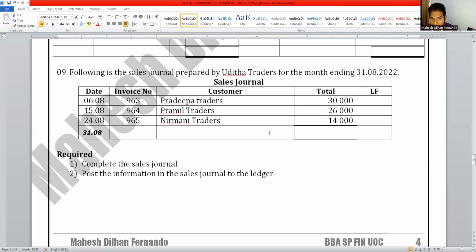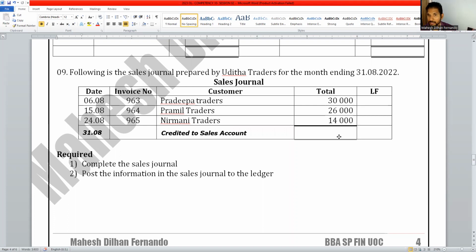Then you have to write credited to sales account. Debited to the debtors' names. You have to write credited to sales.